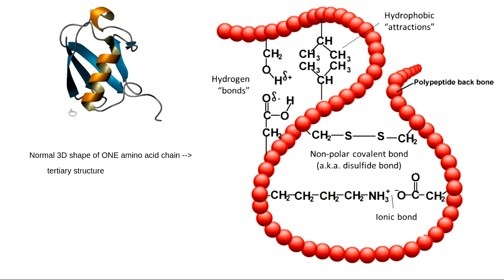Hey, by the way, hemoglobin is actually made of 4 amino acid chains that all have to have the right shape. What's the name of the level of structure when I have more than 1 amino acid chain that connect to each other? Multiple amino acid chains. Yeah, a couple of us chimed in here.